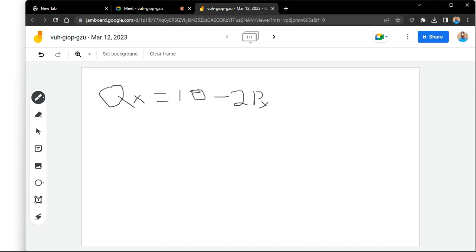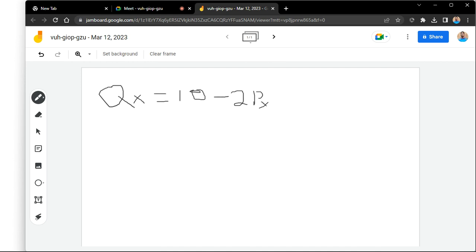Let's go back to the basic laws of mathematics. For you to get px as the subject of the formula, we have to know negative and positive signs. The only rule we are going to apply here is transposing.